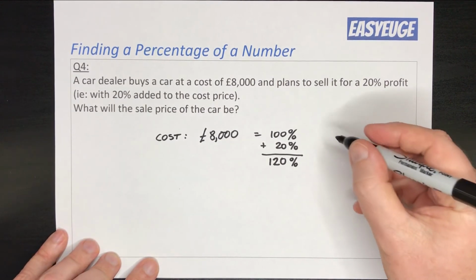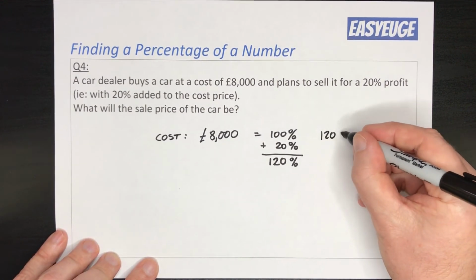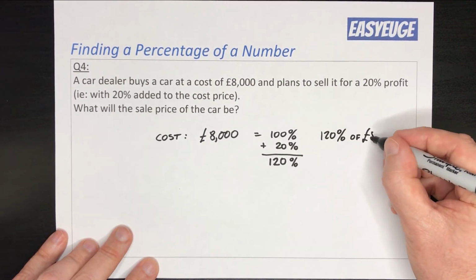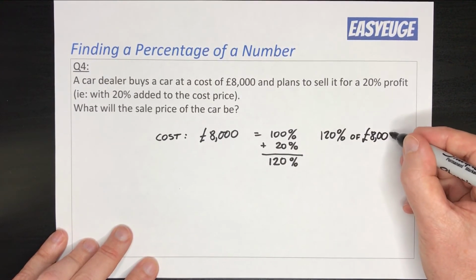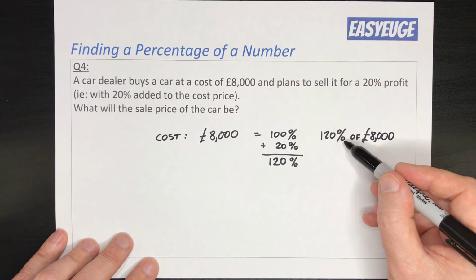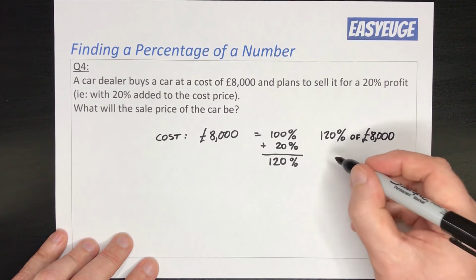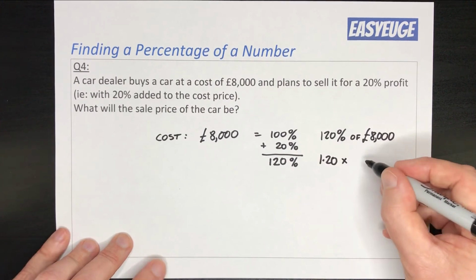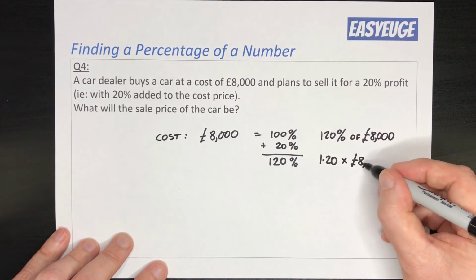So therefore the question is, what is 120% of 8,000? So remember from the previous examples, to convert the percentage into a decimal, divide by 100. So that is 1.20 multiplied by 8,000.